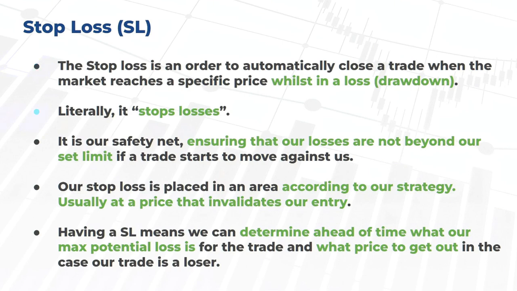Literally, it stops losses. It is our safety net, ensuring that our losses are not beyond our set limit if a trade starts moving against us. Our stop loss is usually placed in an area according to our strategy, and it means that we can determine ahead of time what our max potential loss is for the trade and what price to get out.